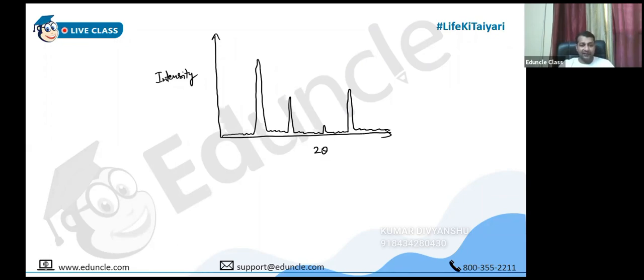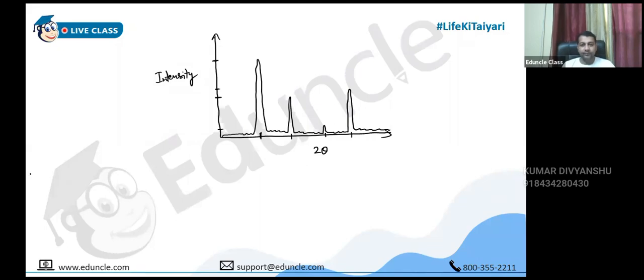This theta is the same angle that we have considered in that diagram. So if we are able to get 2 theta, we will be able to get theta also by dividing it by 2. The peaks are at different angular positions, different thetas, and they also have different intensities. So we need to note 2 things: theta positions of the peaks and their intensity. Okay, clear?